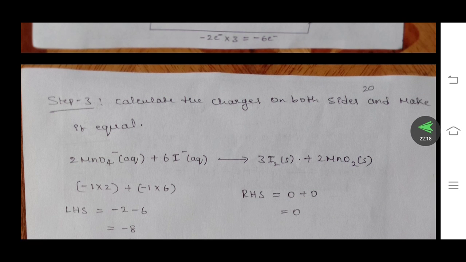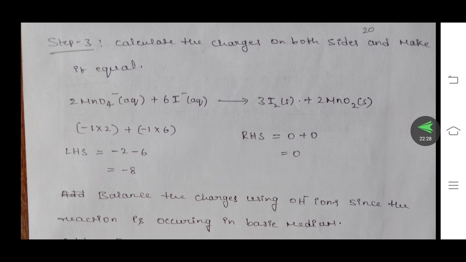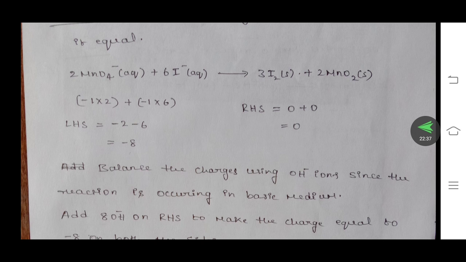Step 3, calculate the charges on both sides and make it equal. 2 MnO4 minus plus 6 I minus gives 3I2 plus 2 MnO2. Now charges you check. So minus 1 into 2, that is minus 2, plus minus 1 into 6, that is iodine.